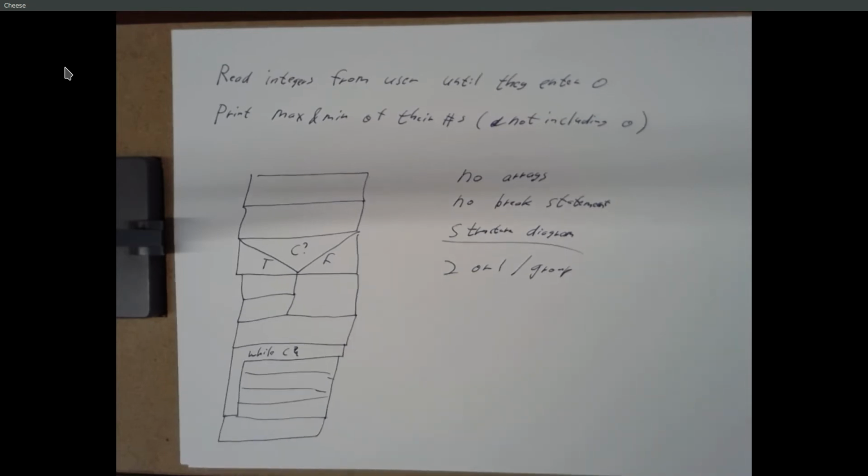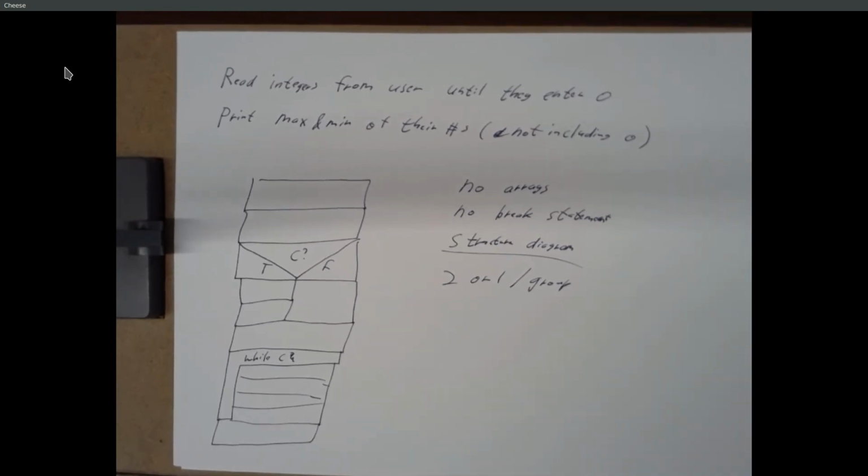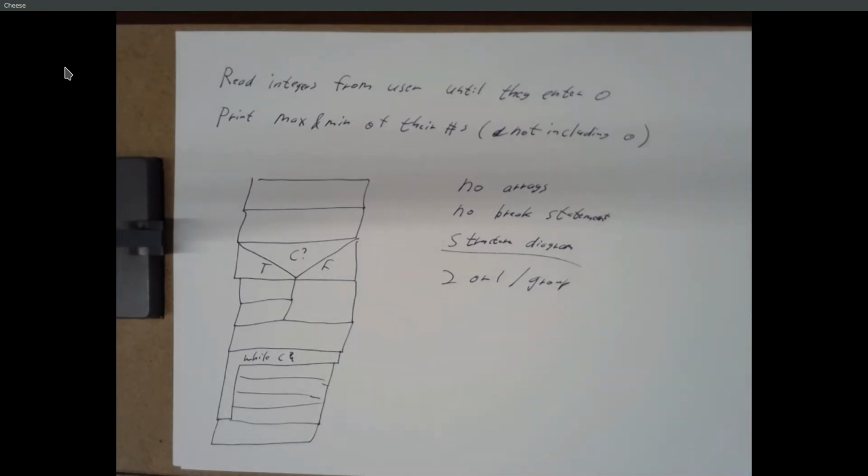Sorry, I realized that. What if the first number is -1? It doesn't say that they can't use zeros or negative numbers. But I'm just saying, if the max is 0 and the user's initial input is -1, that's going to be the max number, right?